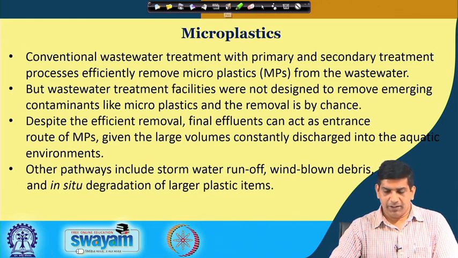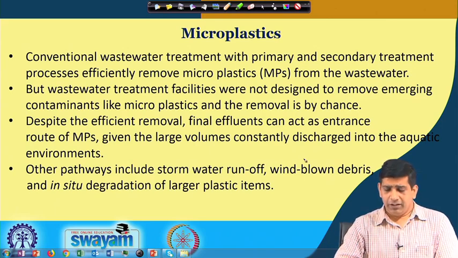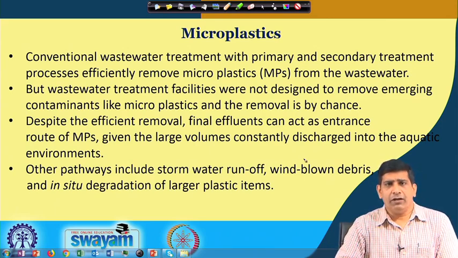Microplastics, we talked about issues of microplastics coming out from different sources. Well, we looked at microplastics earlier in the ocean. Here also, once you have this road being constructed, you can have microplastics leaching off.